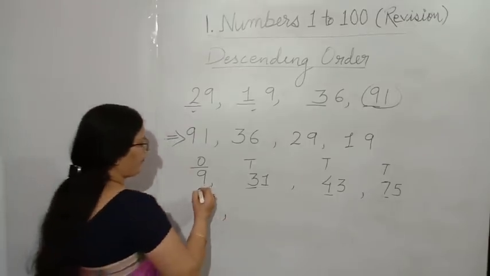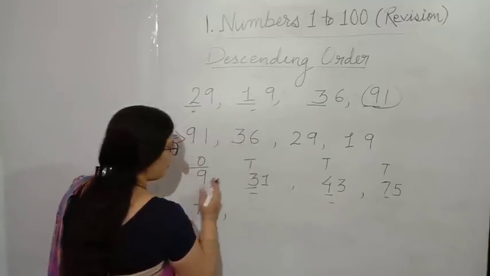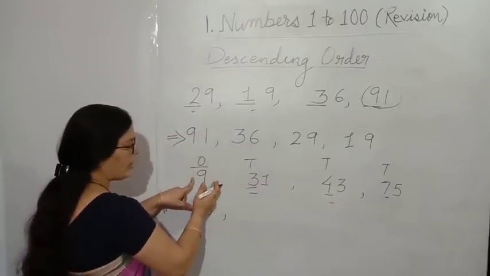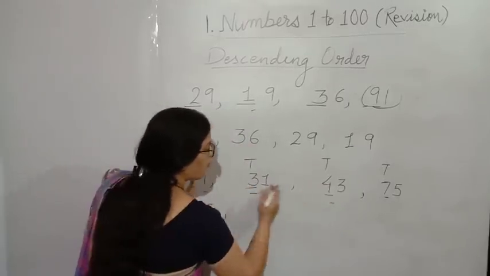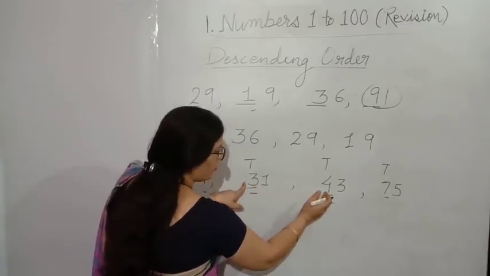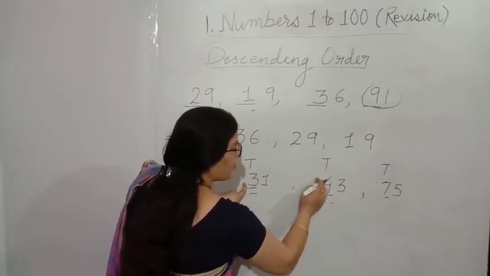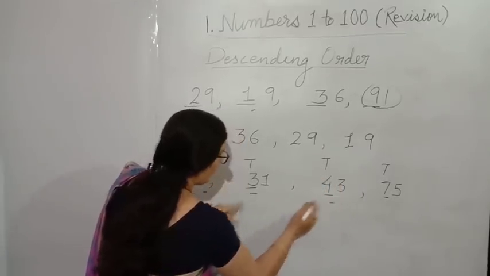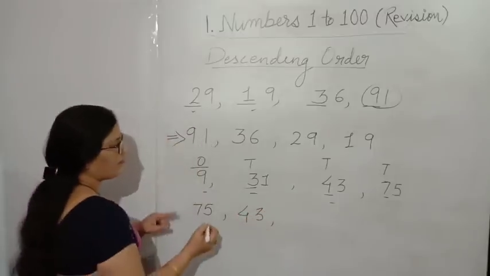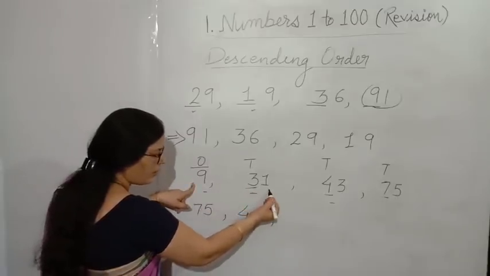Now compare these three numbers: 9, 31, 43. 9 has a smaller value compared to these two numbers. So we'll compare 3 and 4. 4 is the bigger one, so the next number we'll write is 43. Then which two numbers are left? 9 and 31.